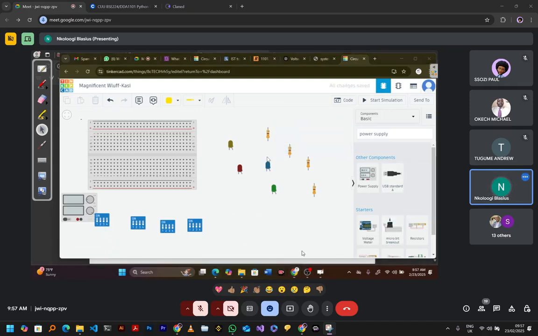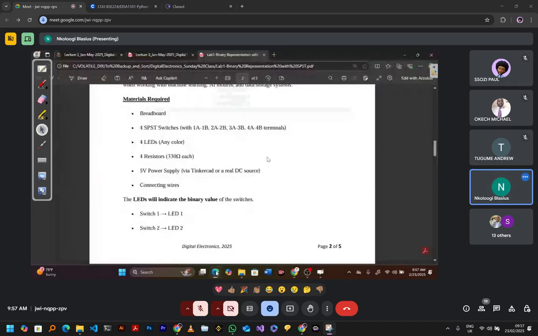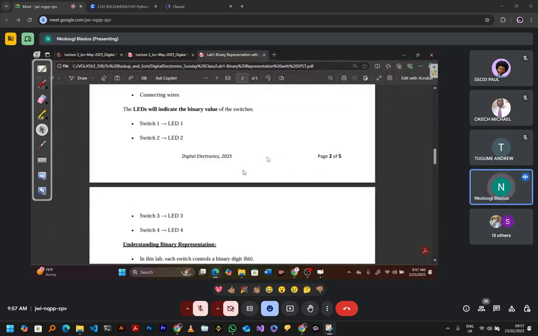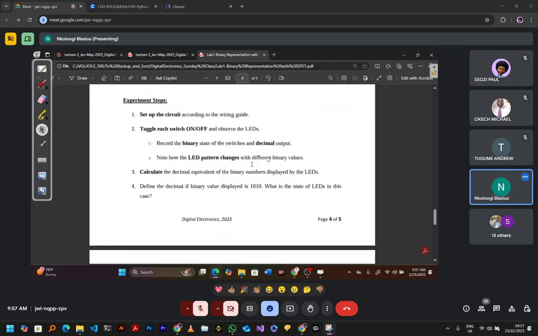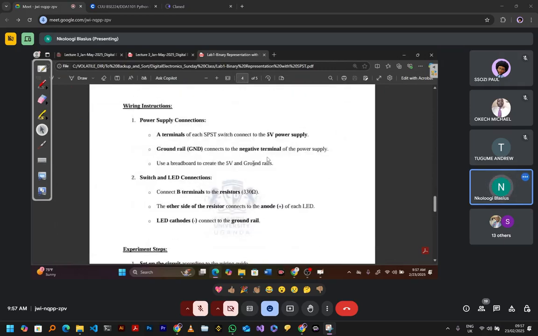Then what next? Yeah, that's all. Now let's move to the other section of wiring instructions. We are saying that terminals A of each SPST switch is connected to the 5V power supply.